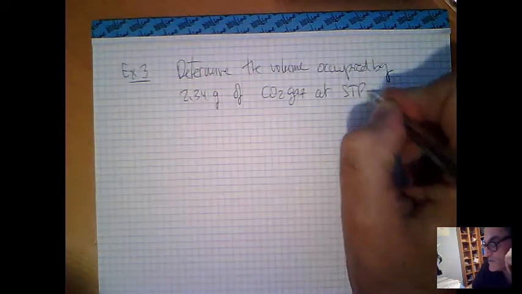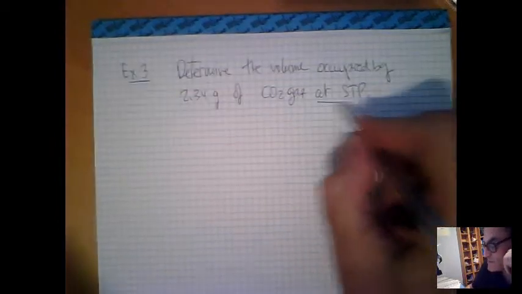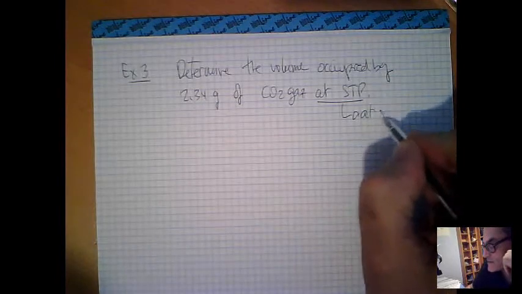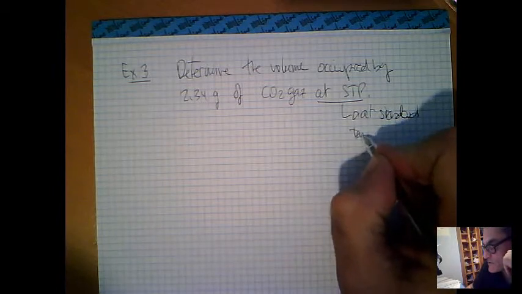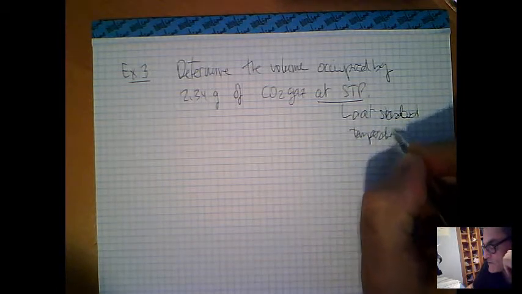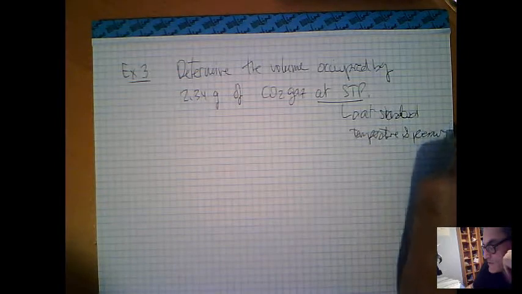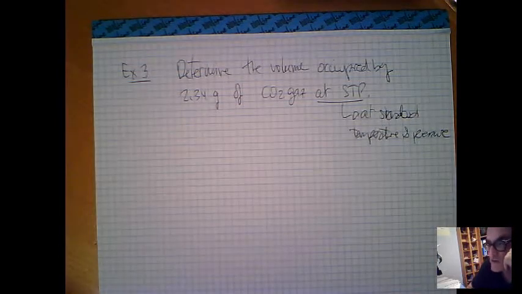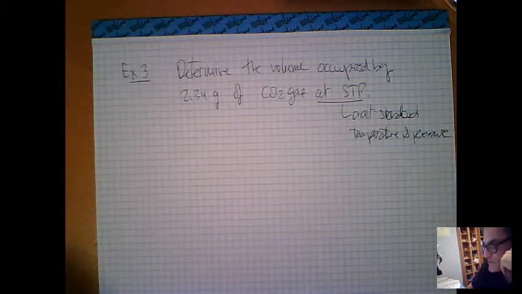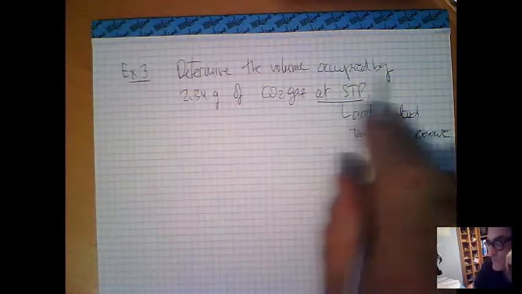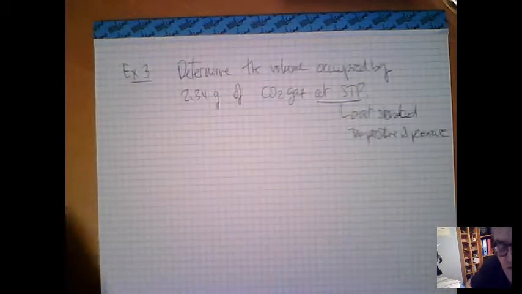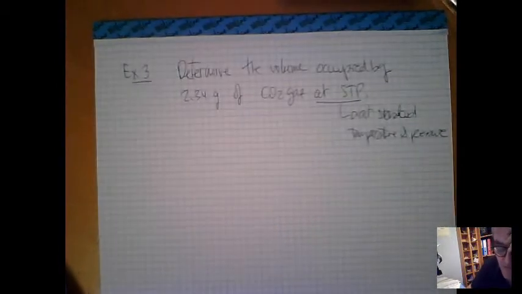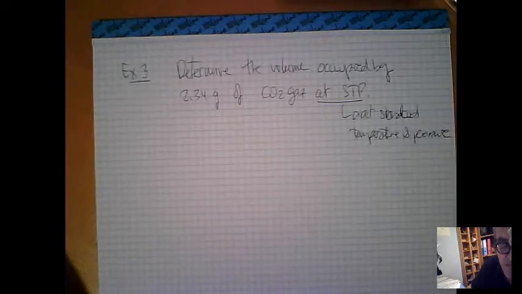at STP. This STP means at standard temperature and pressure. In French, we say conditions normales. Here, they say standard STP, standard temperature and pressure. The volume occupied by 2.34 grams of CO2 gas.